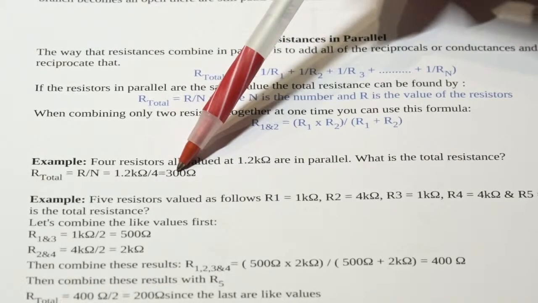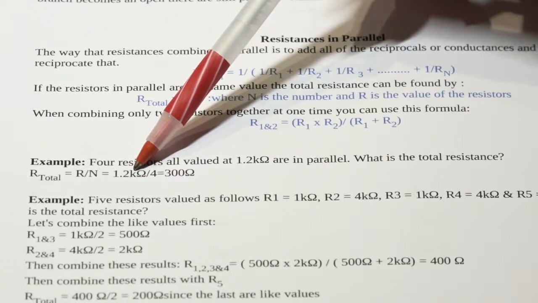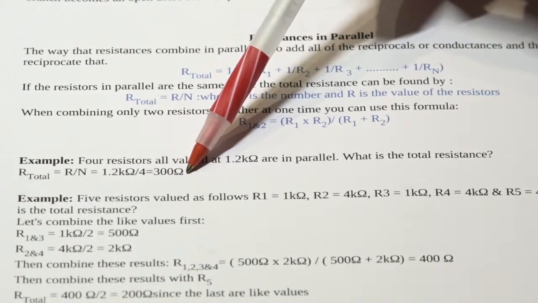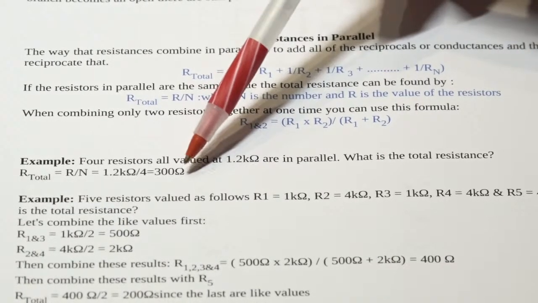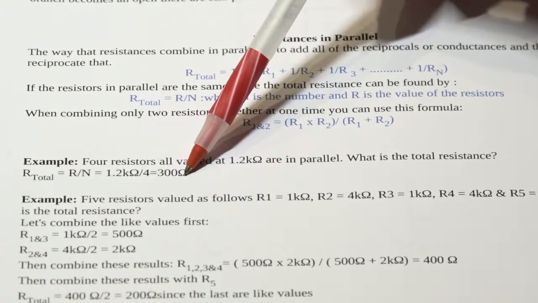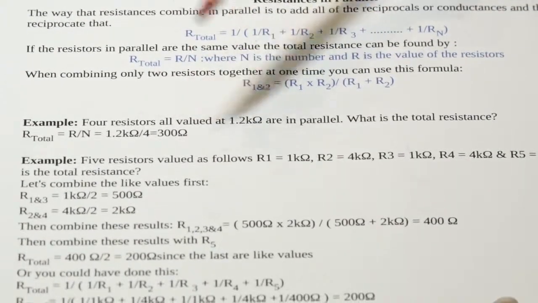In a parallel circuit, the more resistors you add, the more it decreases the overall resistance. And so when the resistance decreases, the current increases.